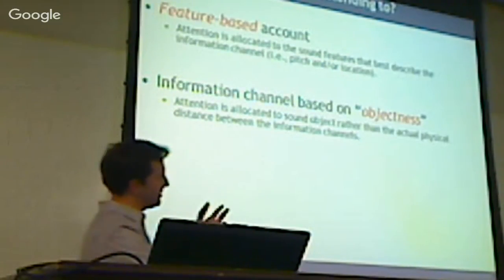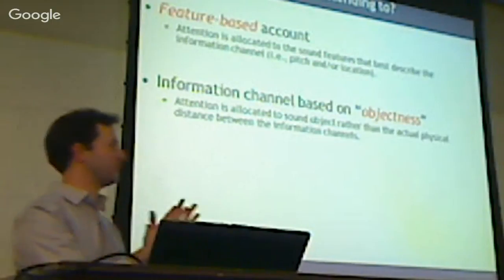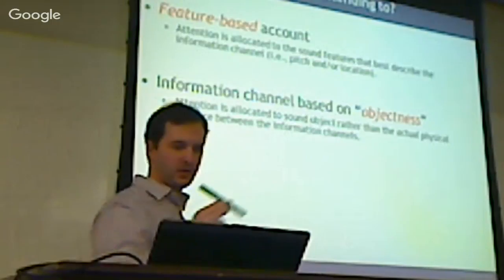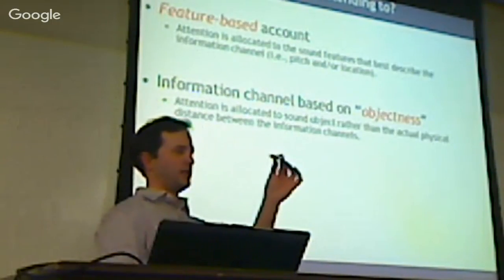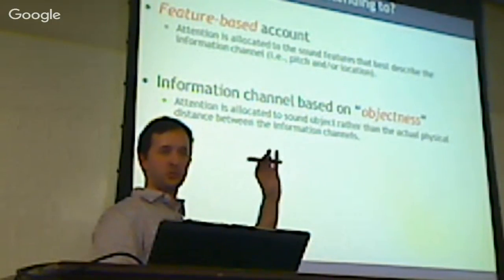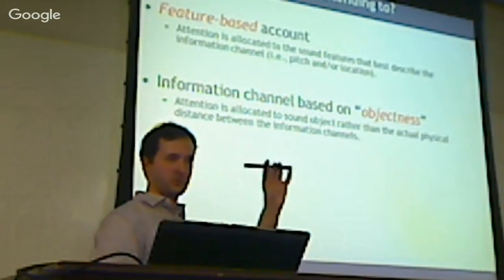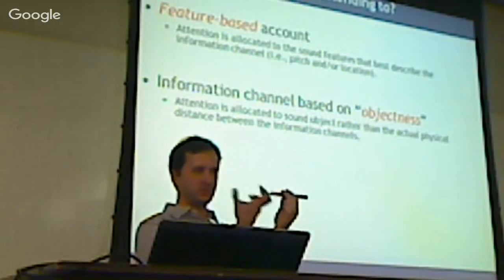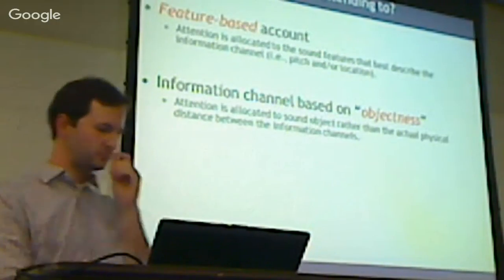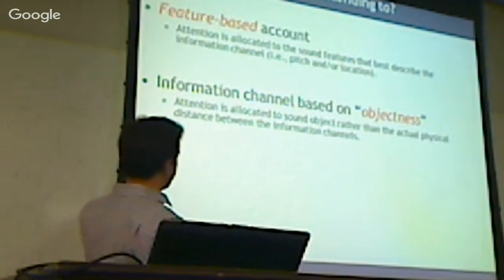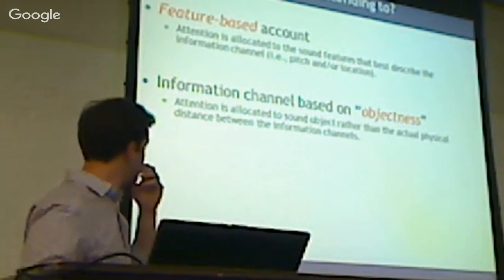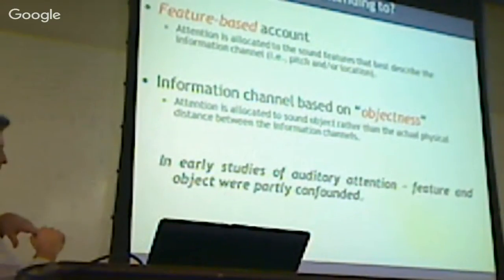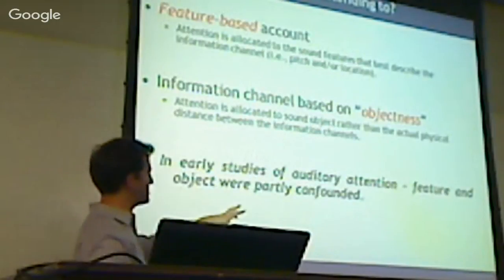This idea of object comes from the visual literature. As I rotate this object, the visual cues and sensory cues are constantly changing at your retina, but you recognize it as the same thing, a single entity or category. Those are two competing theories: a feature-based account or an object-based account. One of the problems with early studies on scene analysis and auditory attention is that they were confounded.